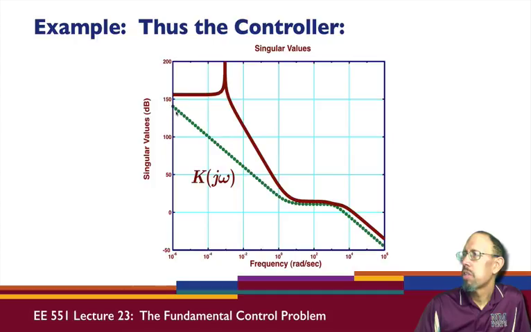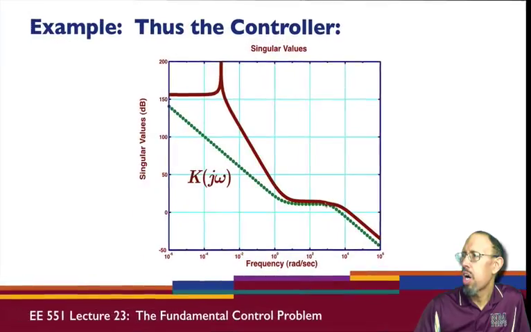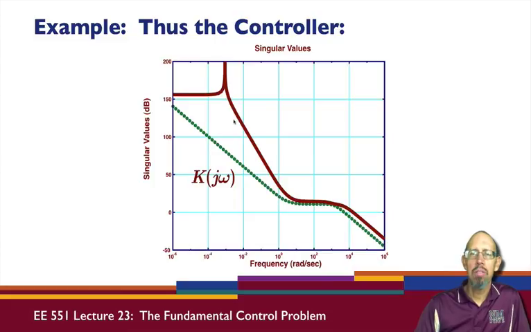So if this is the response of our system, notice that here we know that we're going to need low frequencies, but we notice that our plant actually has fairly low values at high frequencies, so the controller doesn't have to work that hard at high frequencies, because the plant already is doing that. So our controller can relax a little bit down here and focus on what's going on over here. And so that's the kind of thing we would look at in terms of loop shaping.